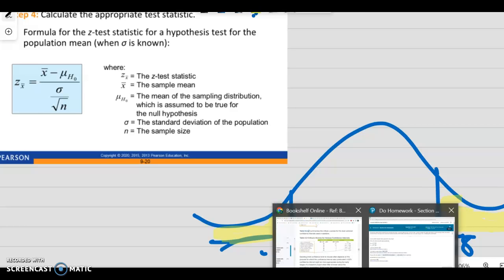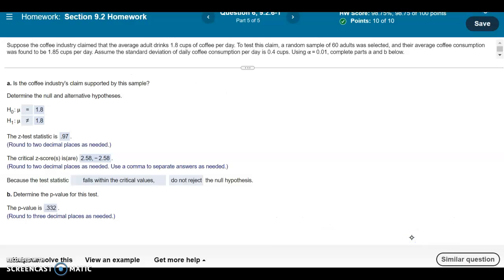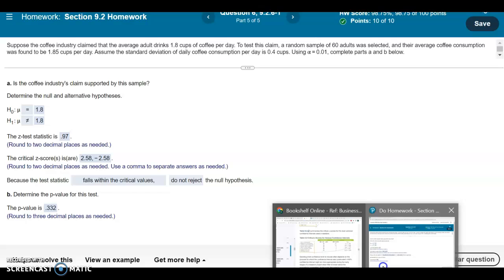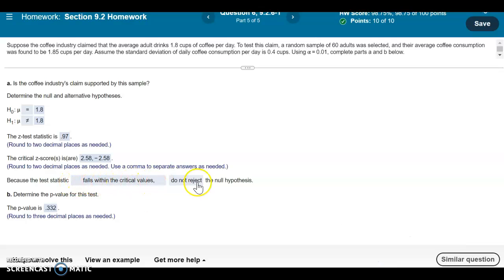But our test statistic, if we used our formula, would be 0.97. 0.97 is bigger than negative 2.58 and less than 2.58. So since it falls in between these, we are not going to reject it. So it falls within the critical values, do not reject.